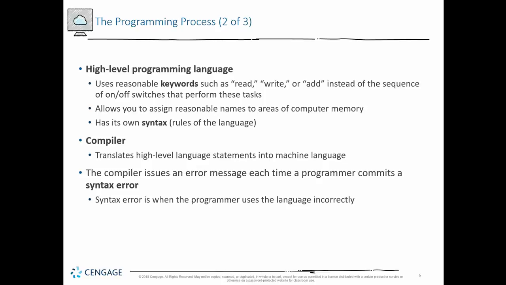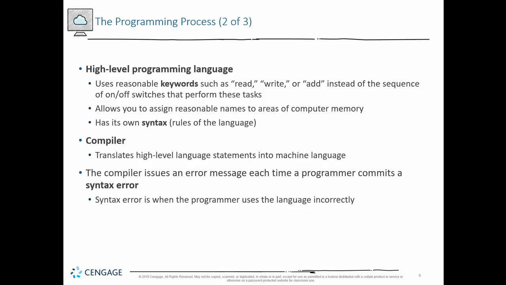Then, after you've written your C# program, you attempt to compile your C# program. When you compile the program, you're attempting to translate your high-level English-like language statements into the machine language zeros and ones that the computer can understand.